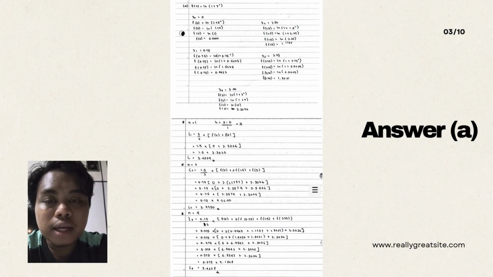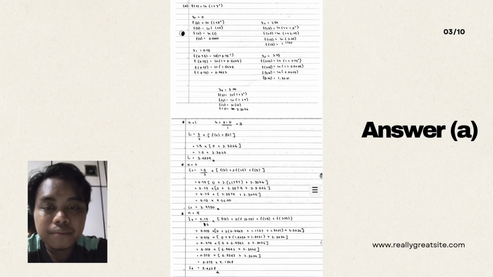We simplify: I4 equal to 0.375 multiplied by 9.1568. Therefore, the answer will be I4 equal to 3.4338. So this completes answer A.